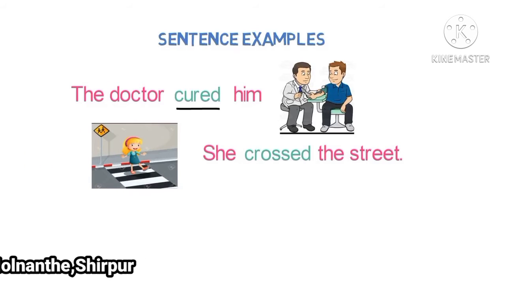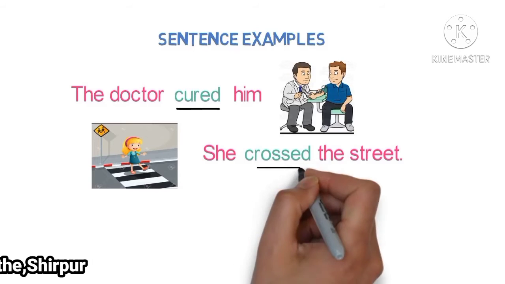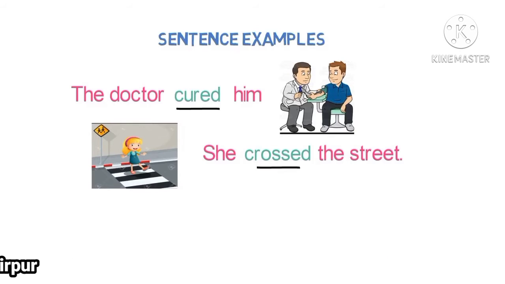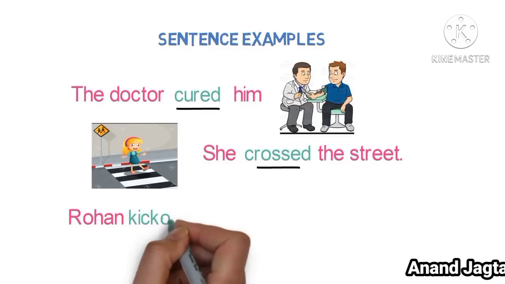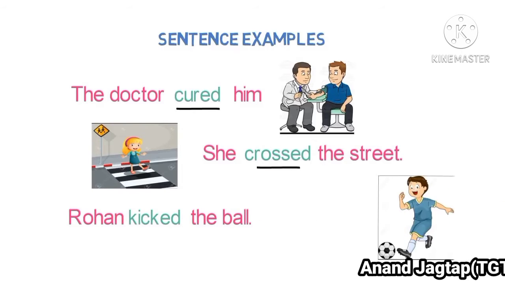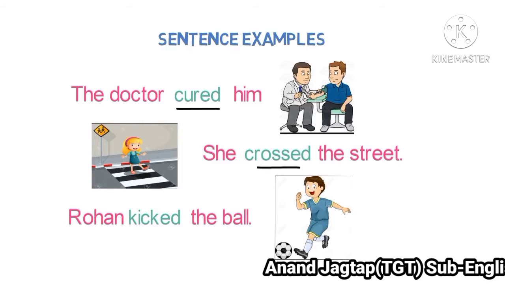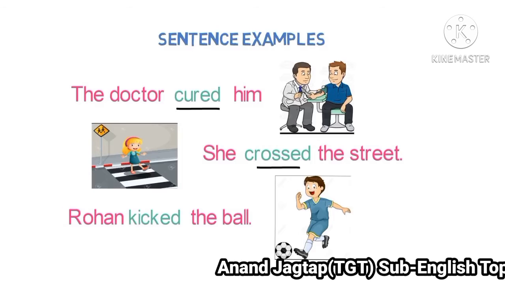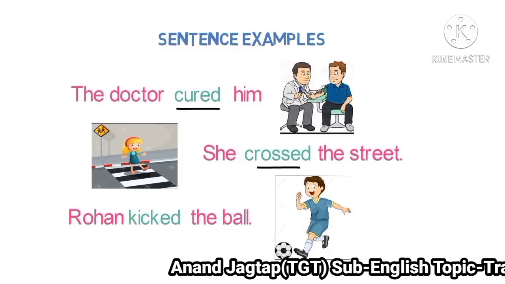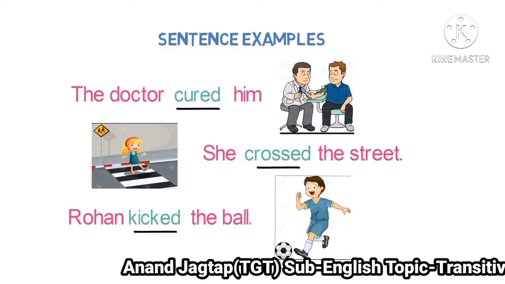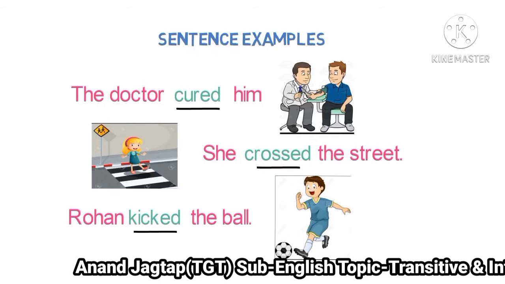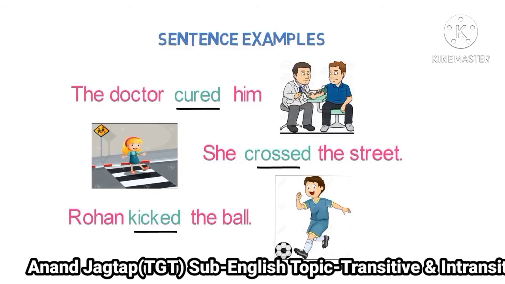Crossed is a transitive verb because the street is a direct object receiving an action. Another example, Rohan kicked the ball. In this sentence, Rohan is subject, kicked is a transitive verb and the ball is an object receiving that action. So here cured, crossed and kicked are transitive verbs.